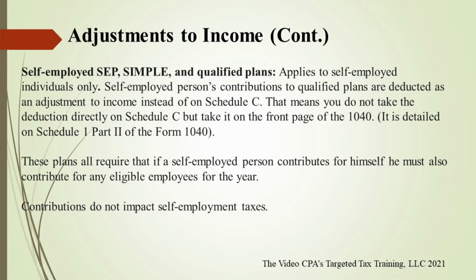Certainly if you have employees and you put money in for yourself as a self-employed individual, you're going to have to put in the same percentage of money for your employees if they're qualified. Now, in some plans, an employee can't join the plan until they've had a year of service or something like that. So there are requirements, but in most cases, you may very well have to contribute for your employee as well.